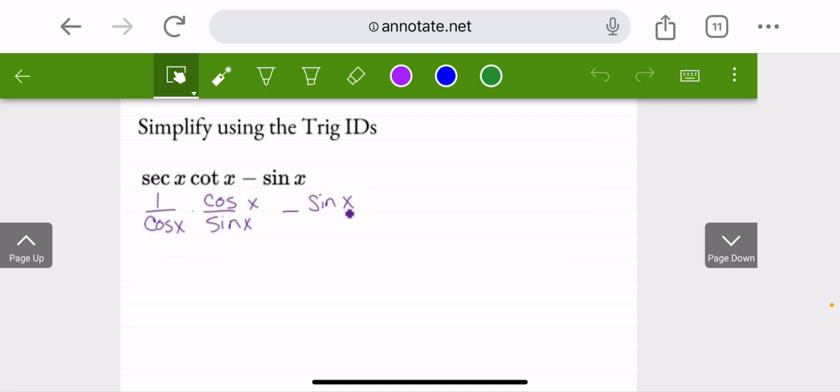What happens up here that we can simplify? My cosines are canceling out. So it's 1 over cosine times cosine over sine. So we have 1 over sine x minus sine of x.